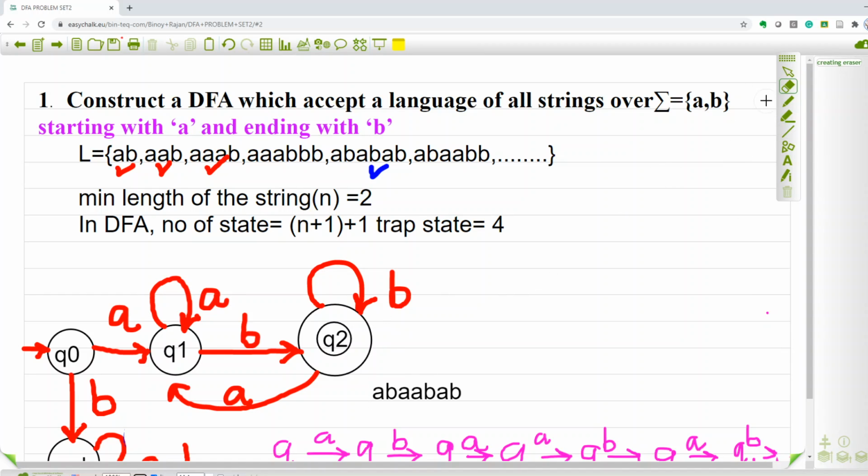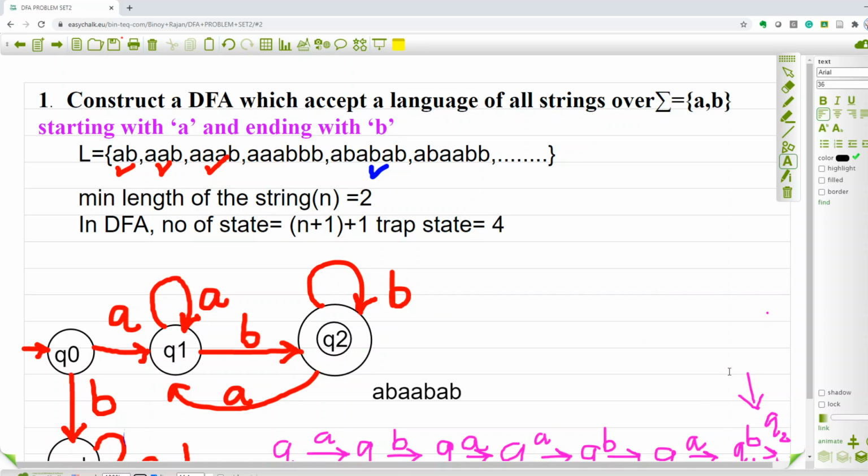So I'll write Q2, which is a final state. So if you reach the final state, it means this string is accepted.